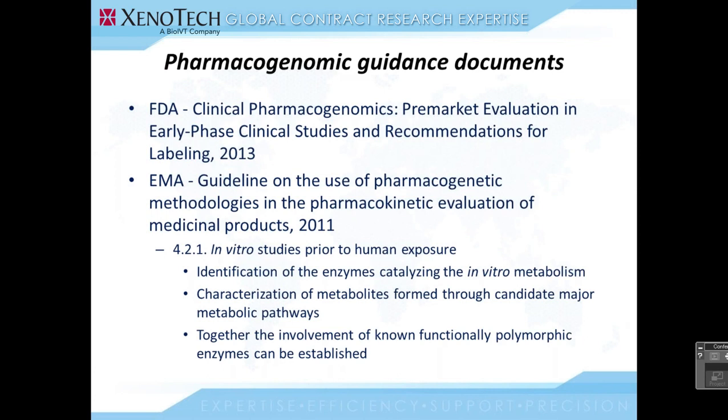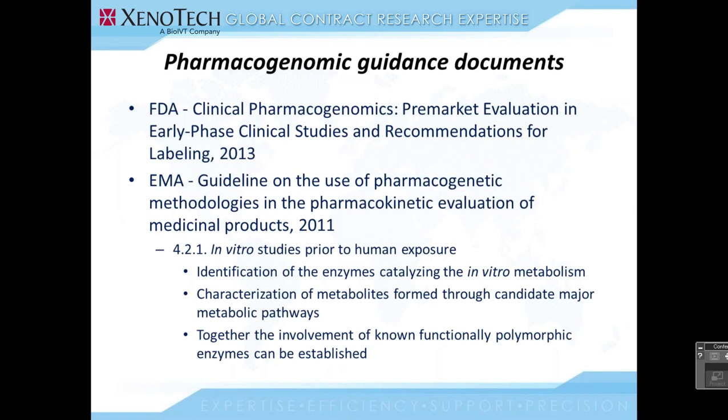These EMA recommendations involve, first, identification of enzymes catalyzing the in vitro metabolism; second, characterization of metabolites formed through candidate major metabolic pathways; and third, these two together, establishing the involvement of known functionally polymorphic enzymes in metabolism of a given drug.